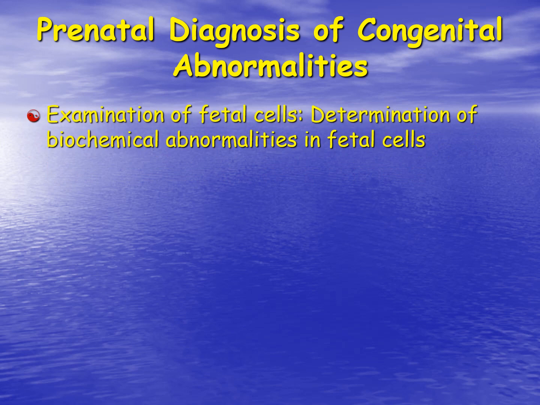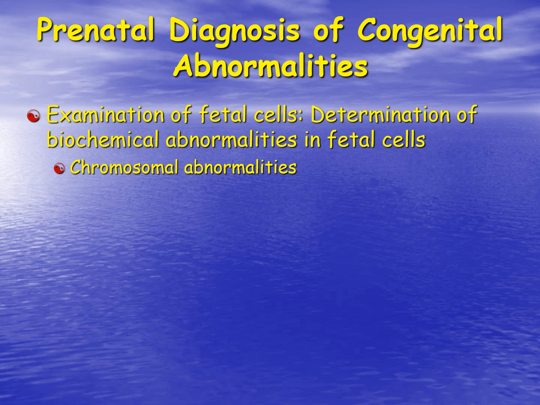We can actually examine the fetal cells for some of these congenital abnormalities. And this can be a determination of biochemical abnormalities in the fetal cells, or we can actually simply look at the genetic makeup itself. So we're looking for chromosomal abnormalities.